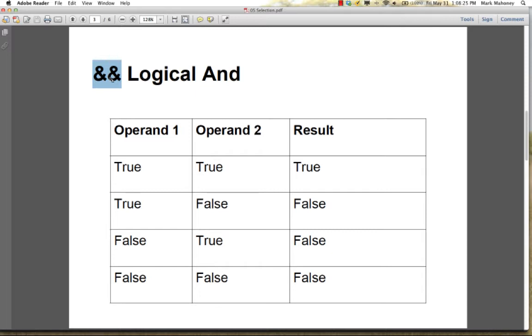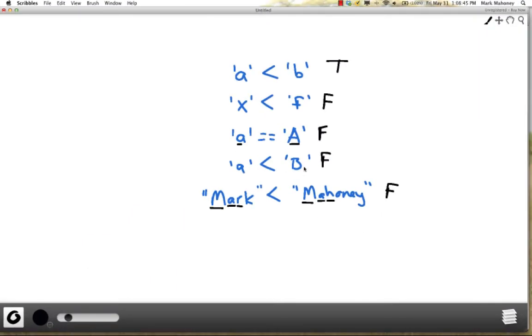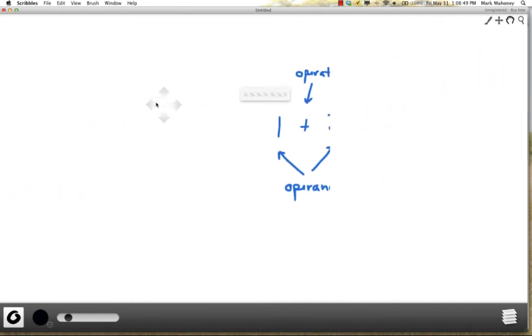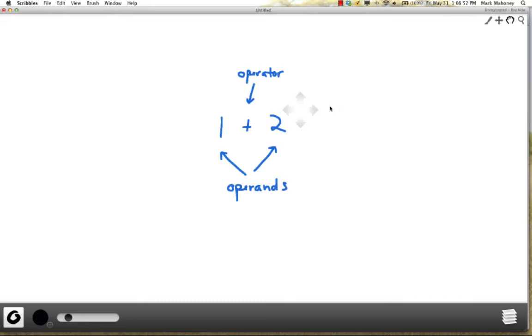In mathematical expressions, the binary operators allow you to do arithmetic on two or more numbers. The simple arithmetic operators are addition, subtraction, multiplication, and division. We also have these things called operands. These are the numbers that the operator applies to. I'm going to use the same terms, operator and operands.